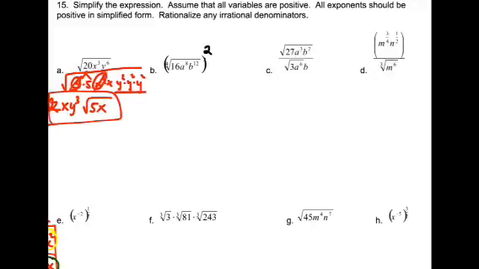So 16 is 2 to the 4th. a to the 8th, I could write as a to the 4th times a to the 4th. b I could write as b to the 4th times b to the 4th times b to the 4th. Okay? And remember, it's still inside the 4th root.